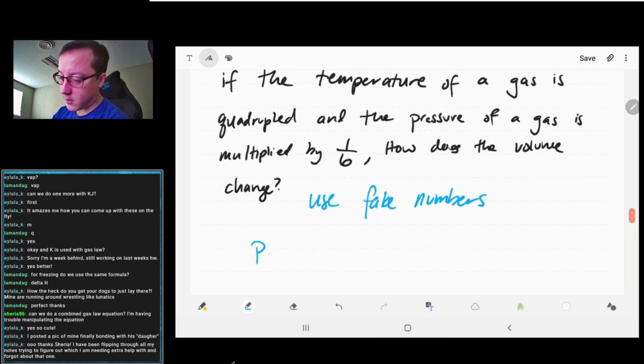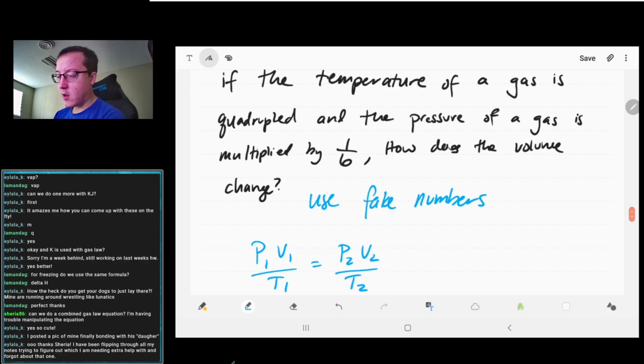So we know we have our combined gas law, right? With this, we just need to choose numbers that will fit the question. And then we're going to basically compare V1 and V2 and see by how much it changes. So my favorite thing to do is to use the easiest numbers possible to just make our math super easy.